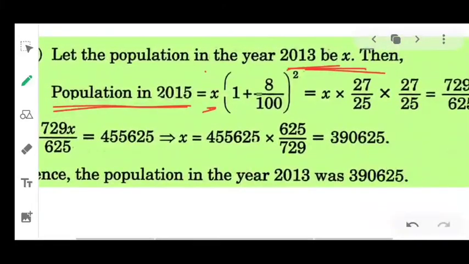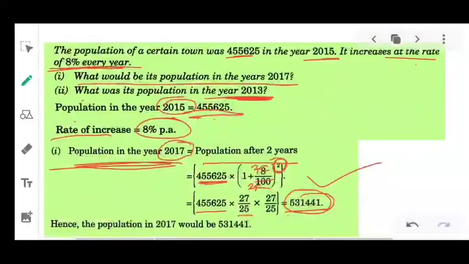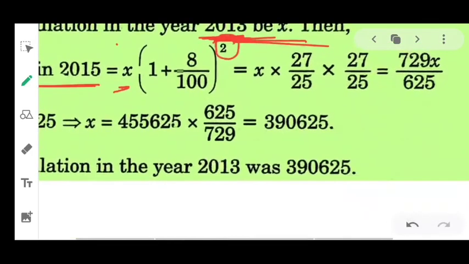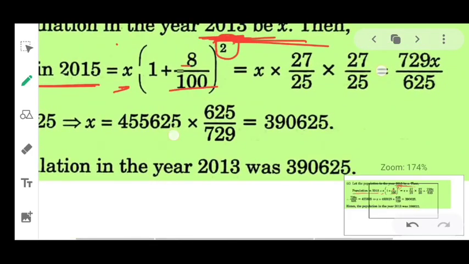Okay, let's consider the year is 2013 and we have to find out the population of 2015. Okay, so in that case the number of years will be 2 years. So n is 2 years and the interest rate is increase rate. As you can see in the question, it increases at the rate of 8% every year. Okay, so that is 8 by 100.